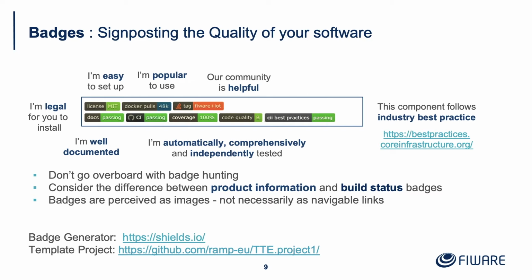If they do click on it, you can usually find a location which will prove that whichever build is actually running is running. On the right-hand side, there is an initiative run by the Linux Foundation called the CII Best Practices initiative.